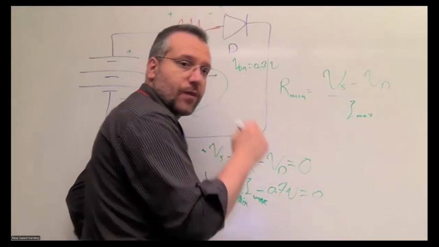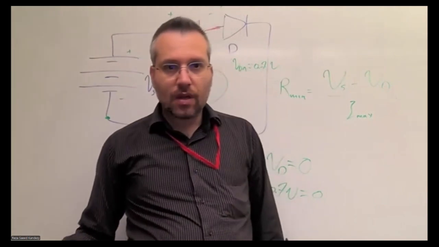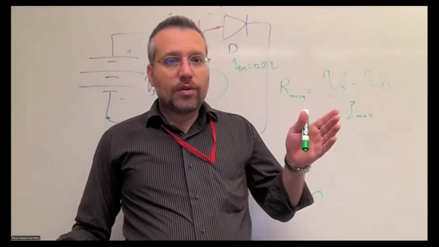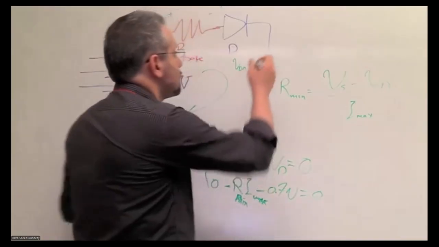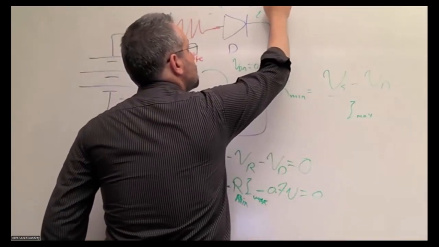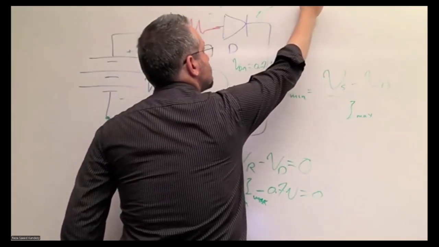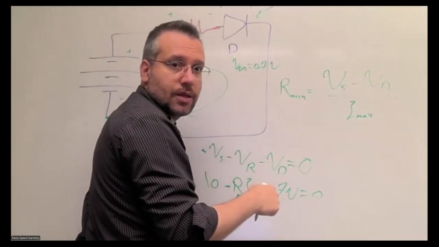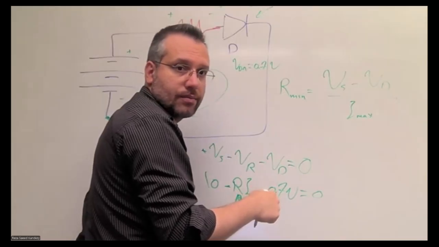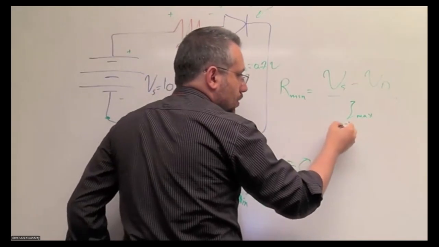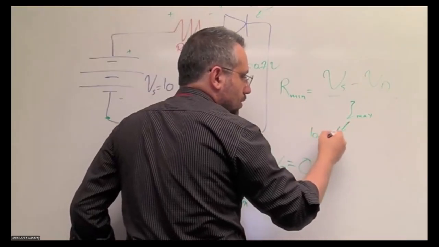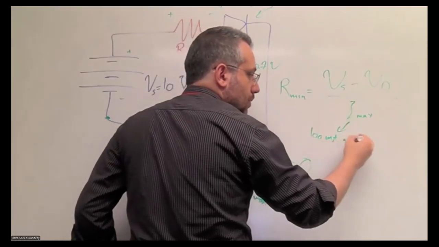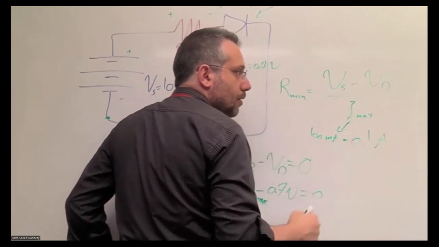Now, for this specific example, we want to consider a model 1N4007, the one that we simulated earlier. The maximum current is 100 milliamp. So here we consider the maximum current 100 milliamp, which in the formula you have to put in amps, so it's going to be 0.1 amp.